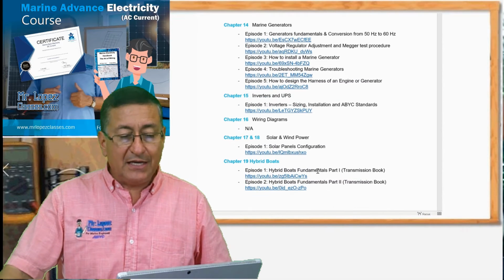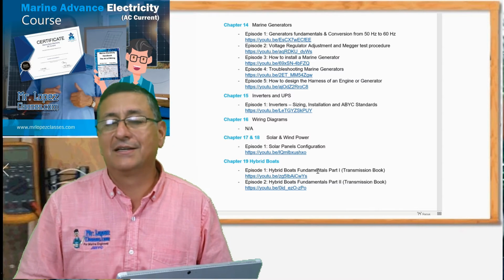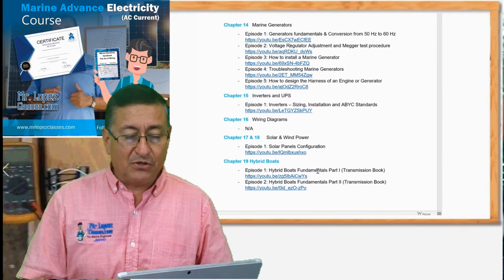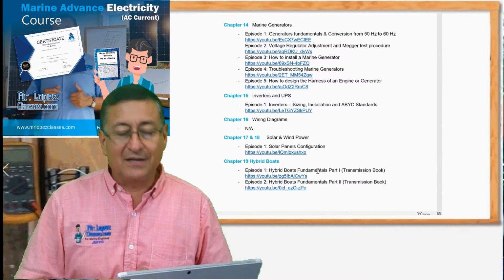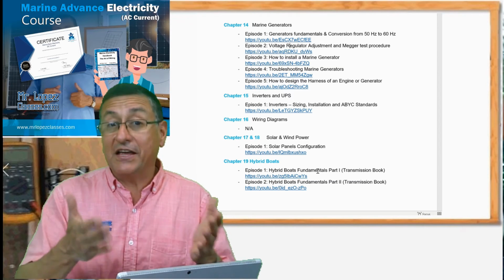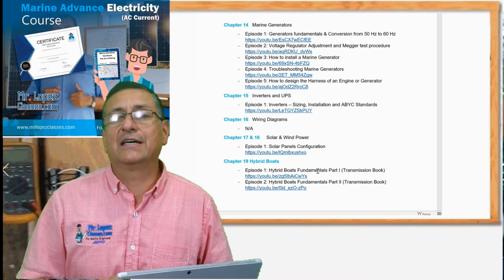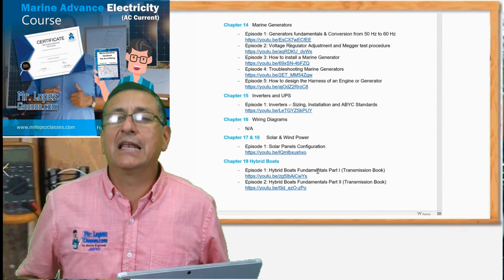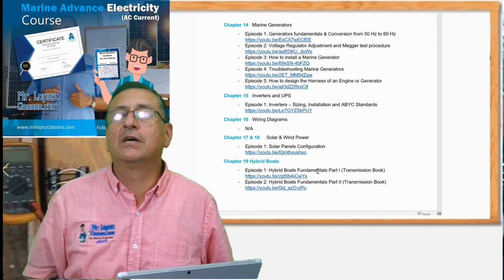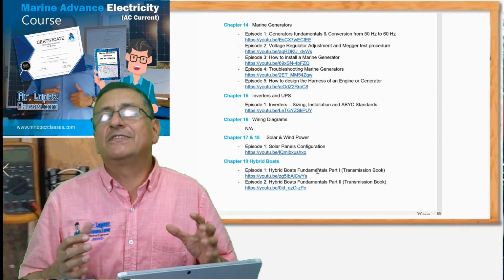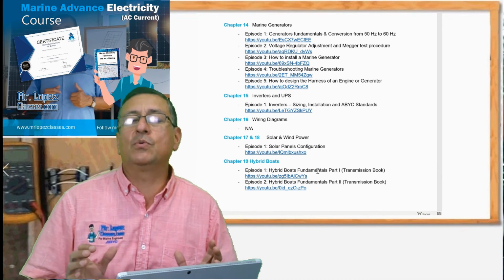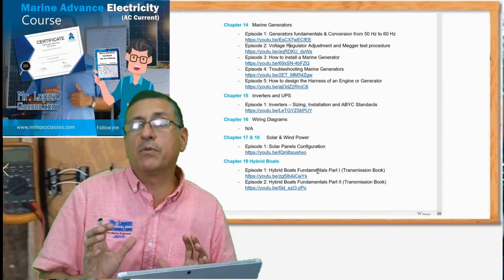In chapter 19, we are going to talk about another topic that I love: hybrid boats. It's 2 episodes. The first is about the fundamentals of hybrid boats, and the second part is the procedure to select the appropriate hybrid system for a particular boat, with tips and recommendations if you want to convert your gasoline-powered or diesel-powered boat into a hybrid.